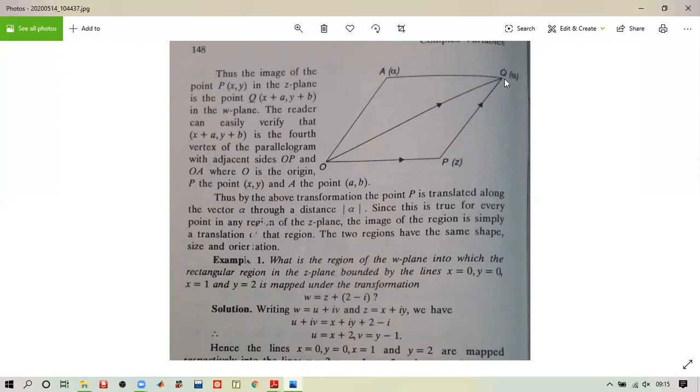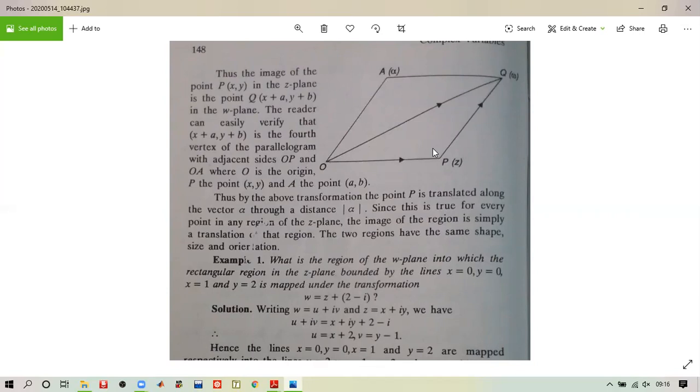The reader can easily verify that (x plus a, y plus b) is the fourth vertex of a parallelogram with adjacent sides OP and OA respectively, where O is the origin, P the point (x, y) and A the point (a, b).